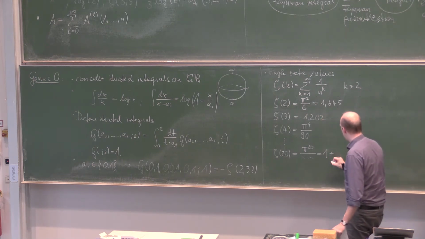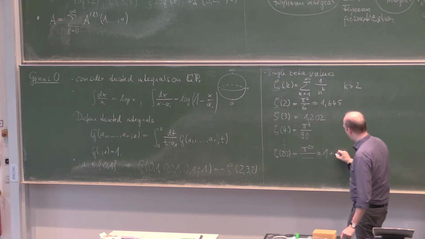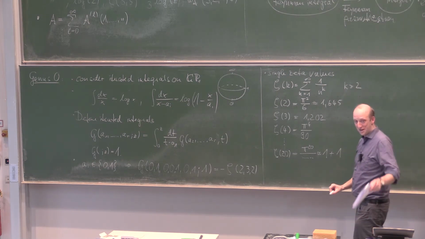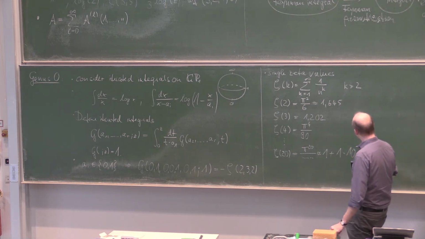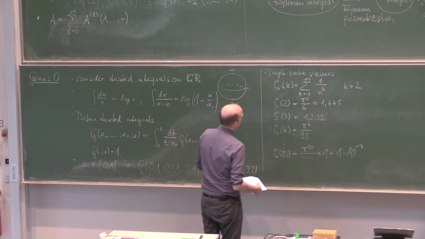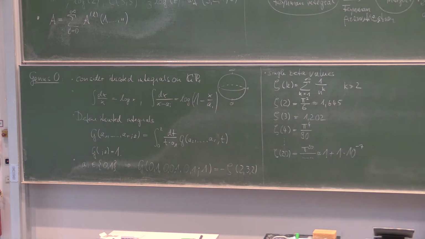I think I found a good way: it's 1 plus 1 times 10 to the minus 7. So it gets very close to 1 very, very fast. Now, this is a little funny structure. All these even zeta values seem to be related to powers of pi, and the odd ones aren't.